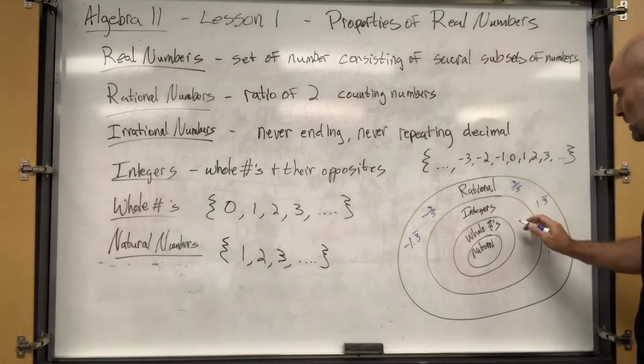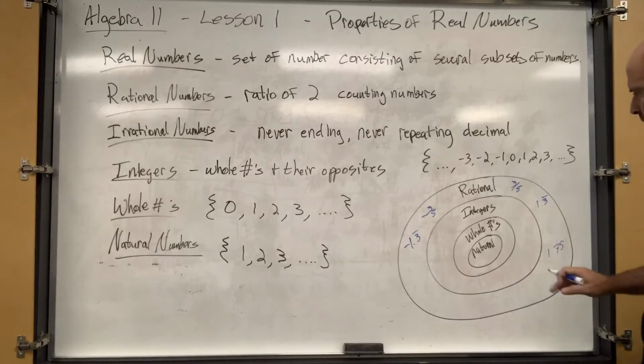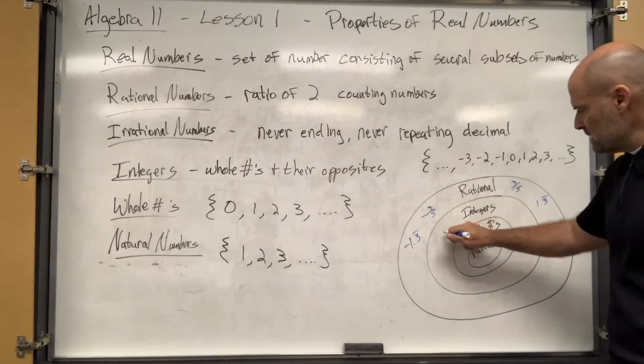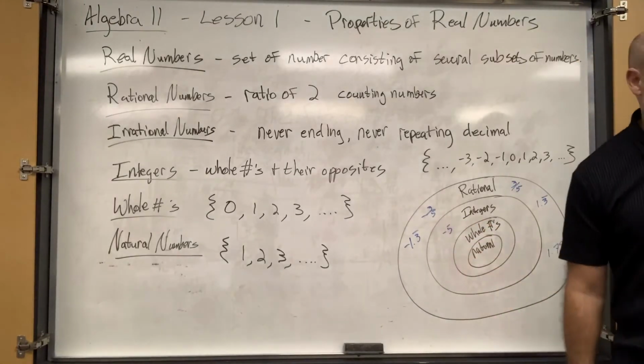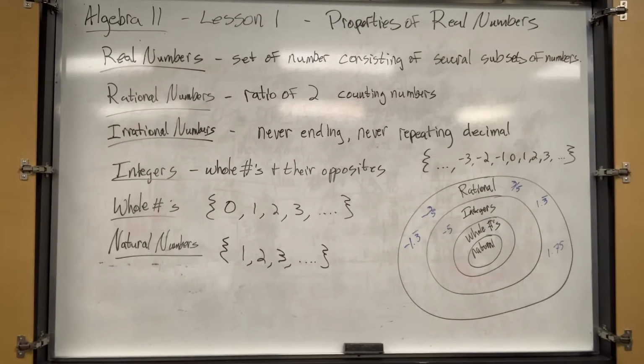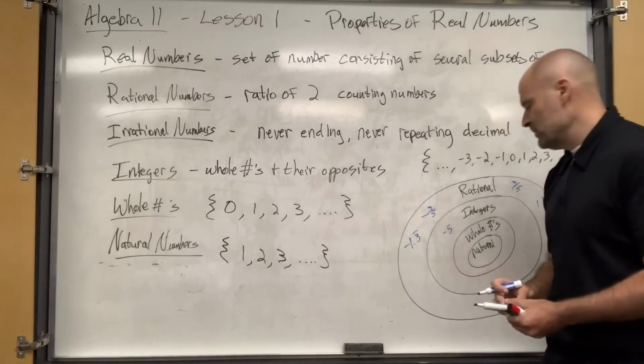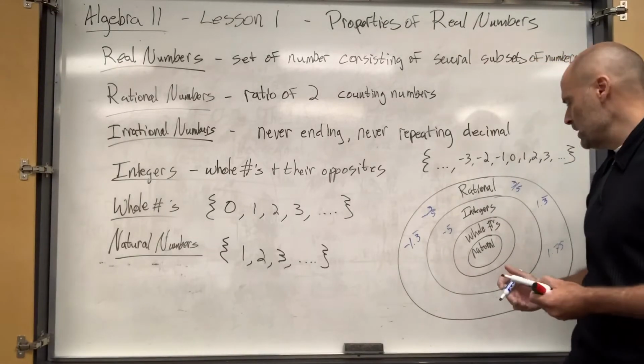Integers are just all the whole numbers and their opposites, but see how this is still a rational number. You can write -5 as a fraction. How do you write -5 as a fraction? -5/1. Yeah, you just throw it over 1. You can write any whole number or integer as a fraction, just throw it over 1.